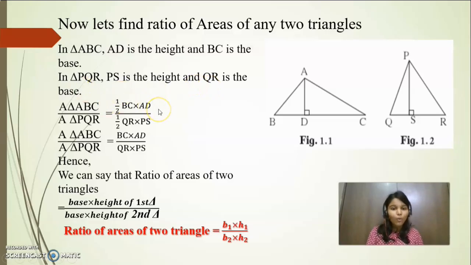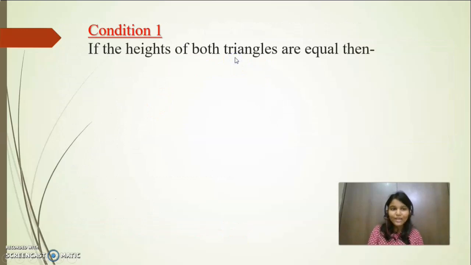Clear? Now, next we will see what will happen if the heights of the triangles are same, and what will happen if the bases of triangles are same. So let us take the first condition first, that is, if the heights of the triangles are equal.